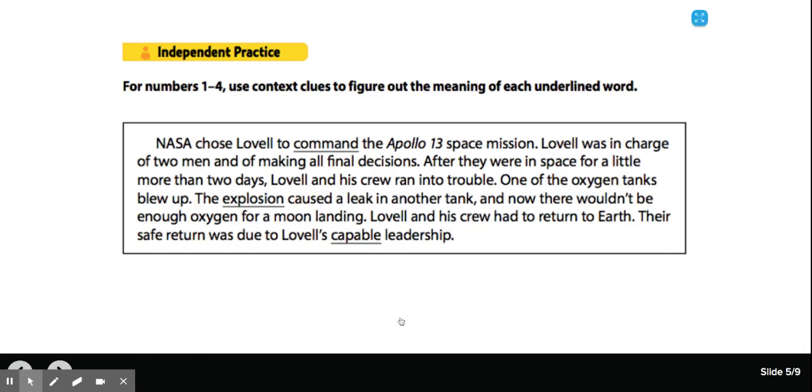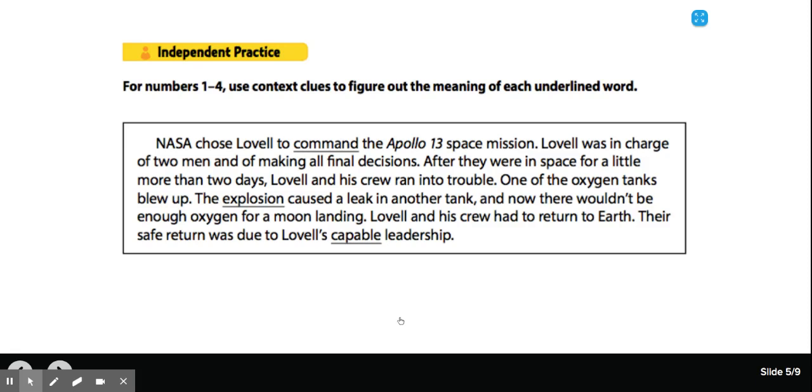All right, I'm going to read this next paragraph to you, and then we are going to use context clues to figure out the meanings of the underlined words. NASA chose Lovell to command the Apollo 13 space mission. Lovell was in charge of 2 men and of making all final decisions.